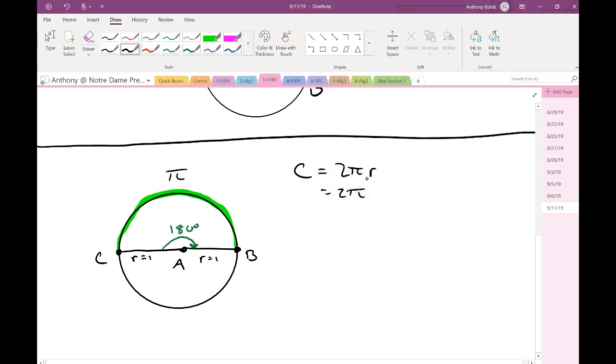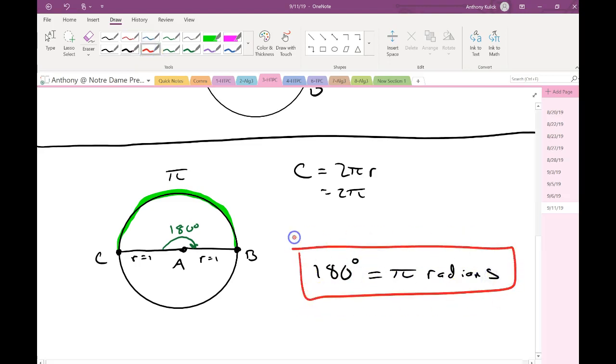The green part is specifically half of the circle, so that is pi as a circumference. Everybody's okay with that idea? So what we have here then is 180 degrees is equal to pi radians. And that's our conversion factor. That's the key to unlock translating back and forth between radians and degrees.